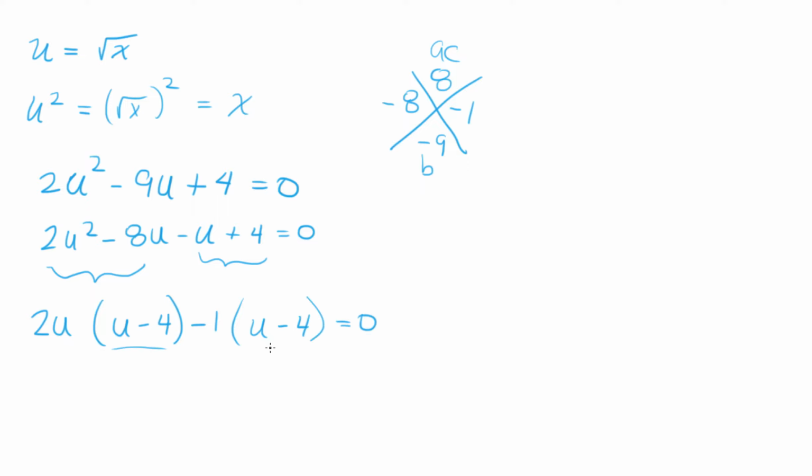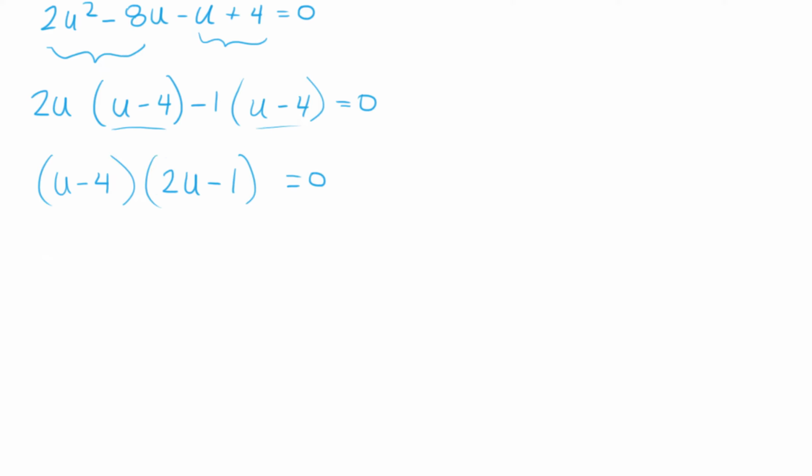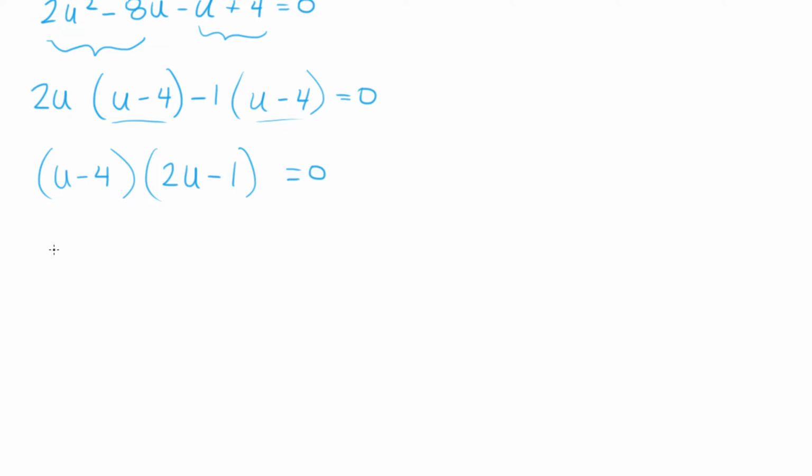Notice that these terms are the same, so we can factor them out, u minus 4. And then what we have left is 2u minus 1 equals 0. Now we split it into 2. So u minus 4 equals 0, and 2u minus 1 equals 0.